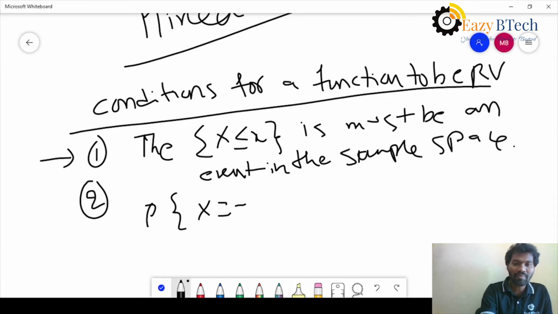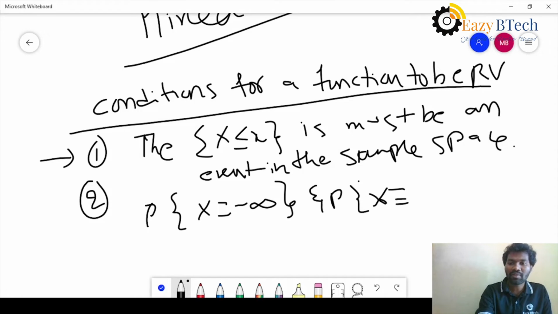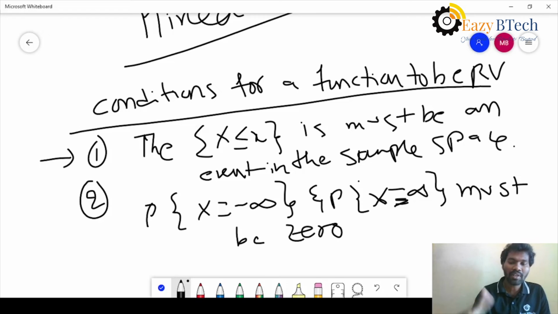The second condition is that the probabilities at x equal to minus infinity and at x equal to infinity must be 0 for a function to be a random variable. Two conditions should be satisfied by a function to be a random variable.